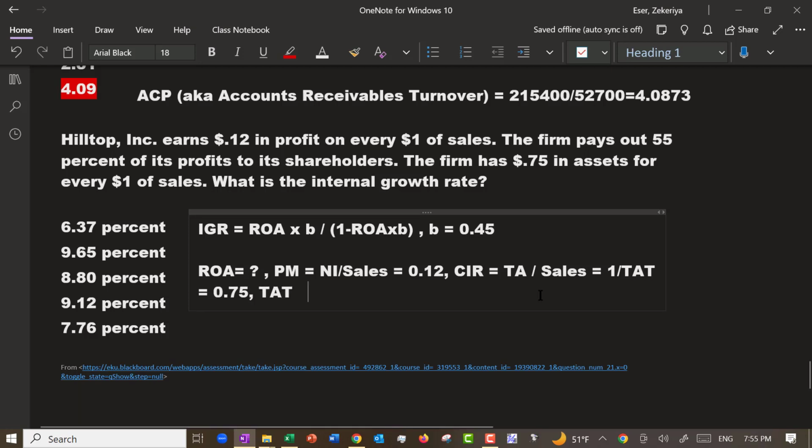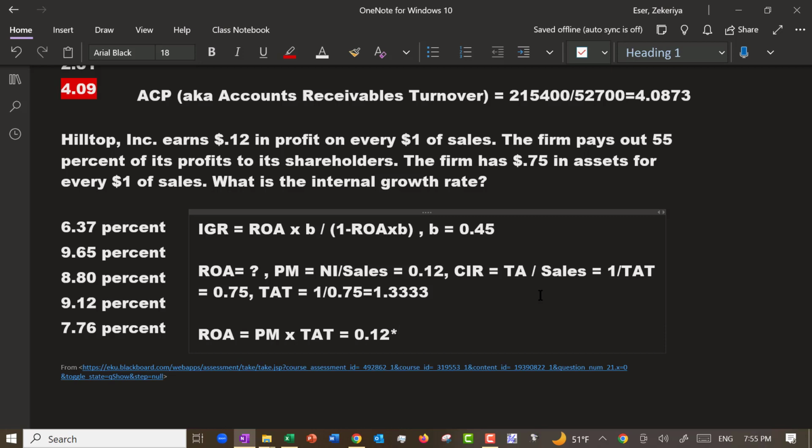That means TAT equals 1.333, and Baby DuPont says ROA equals PM times TAT, so which is 0.12 times 1.333, 0.16.